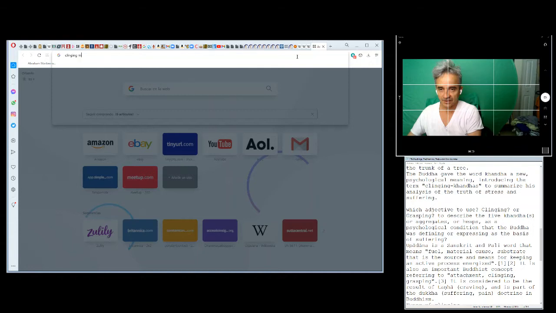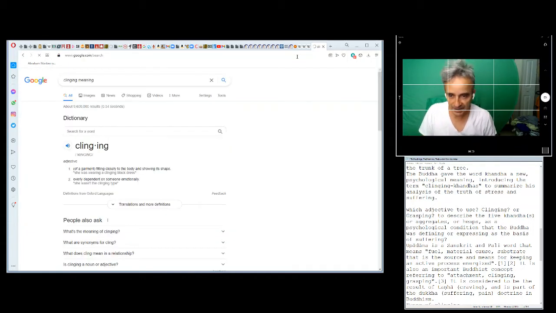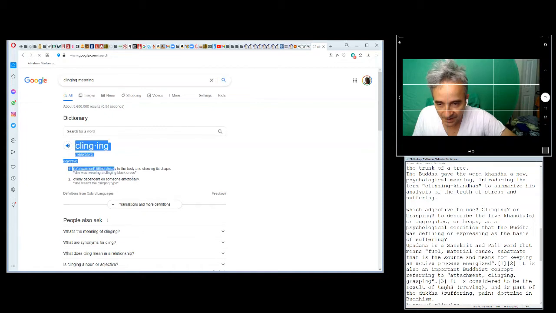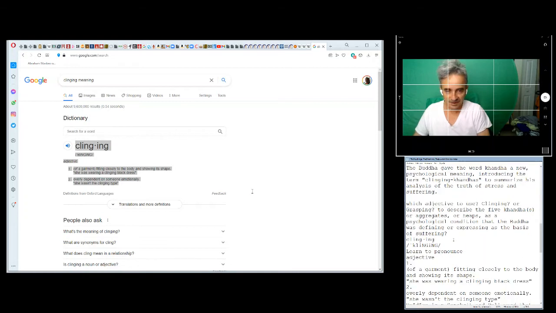Overly dependent on someone emotionally. So that's probably the one we were referring to mostly. Because the first one has to do with garments. Oh, clinging, fitting closely to the body and showing its shape. Okay. Yeah, that's one definition. I was thinking of when clothes cling to each other due to static.